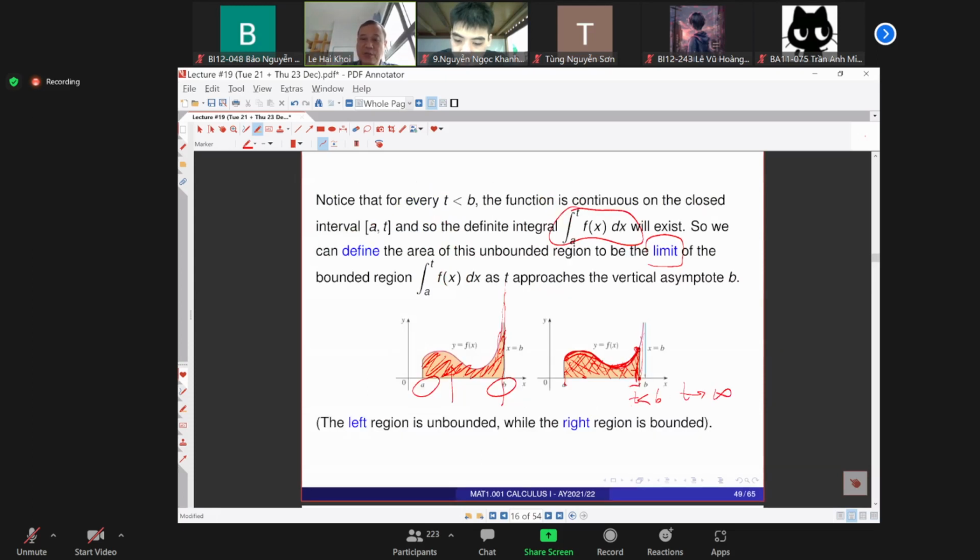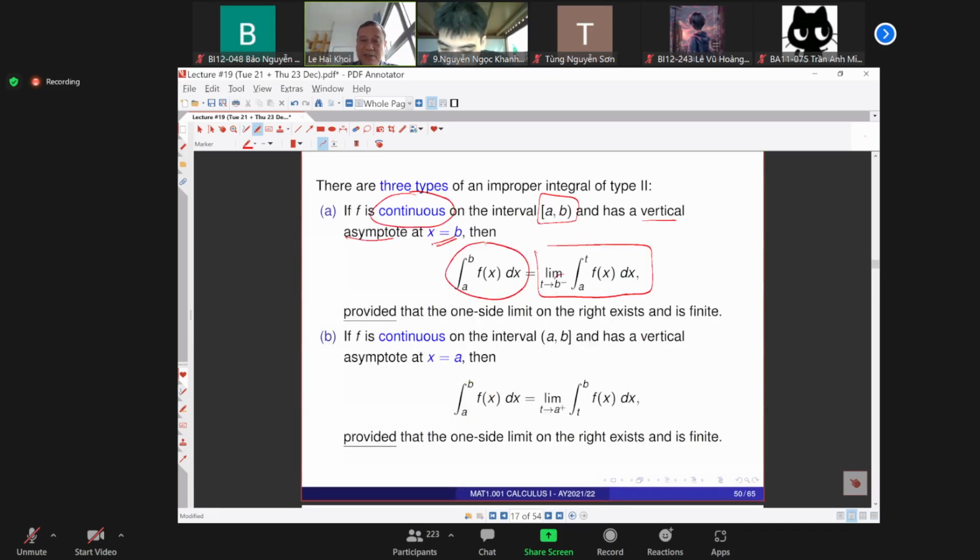T tends to b from the left side of b, which means b minus, right? Provided that this one-sided limit exists and is finite.